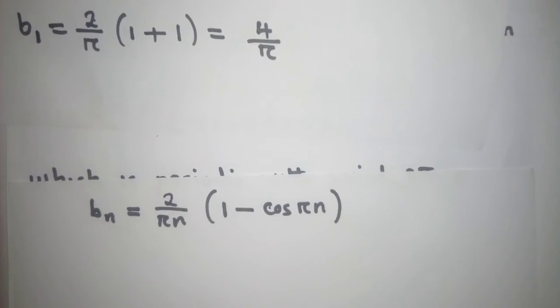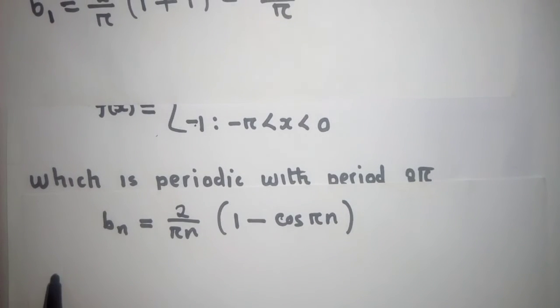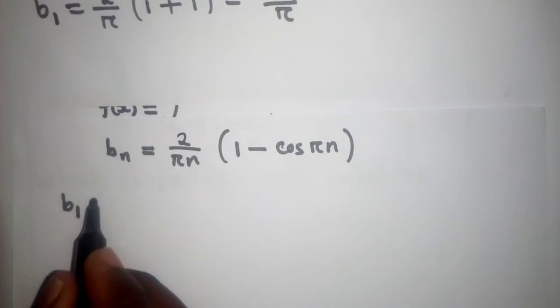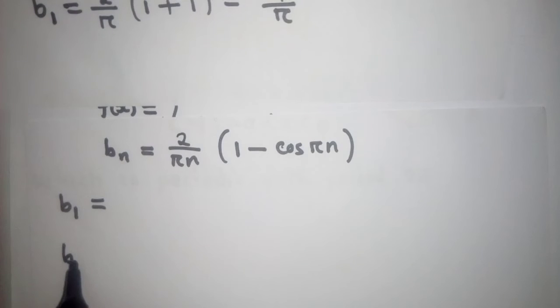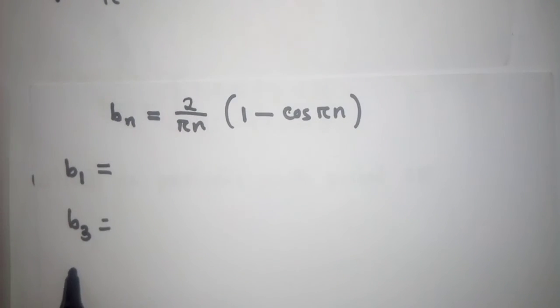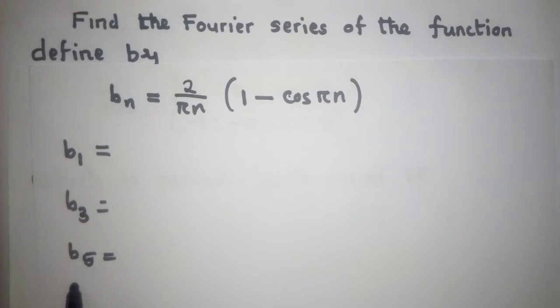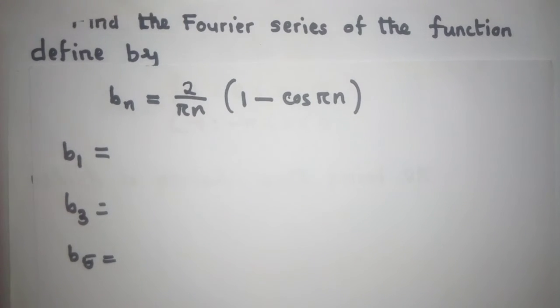So this is our b. So now we need to find b1, because we said it's working with odd numbers: b1, b3, b5, and so on and so forth.